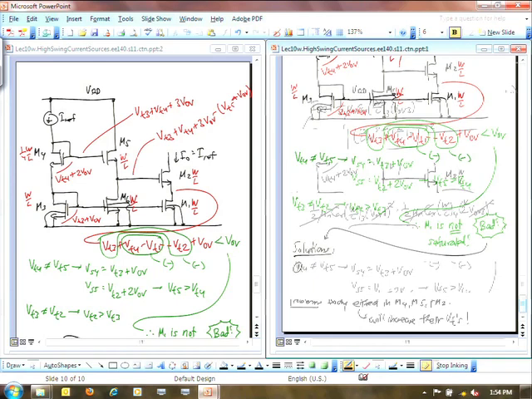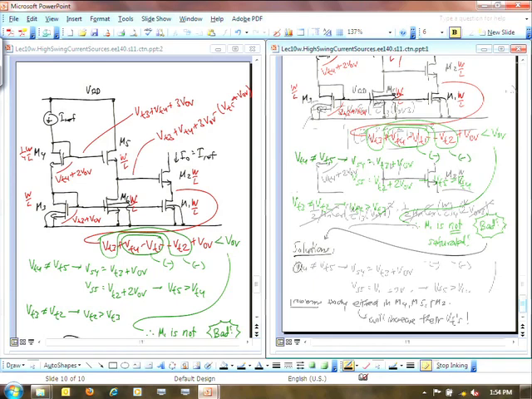Solution number 2 is just use a biasing strategy. So just bias M4 so that we do have a situation where VOV, at least VOV, is dropped across M1. So bias M4 so that, say, the VGS4 is going to be greater now, not just equal to, but greater than VT plus 2 VOVs.